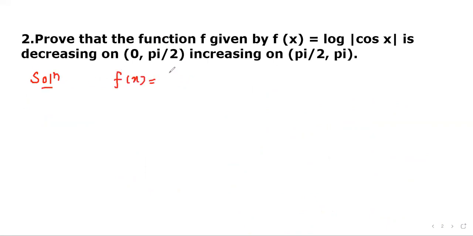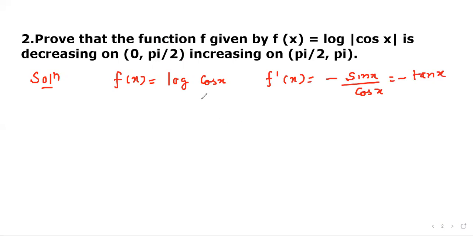f(x) equal to log cos x. f dash x will be equal to minus sin x divided by cos x, that is minus tan x. The reason is d upon dx of log of function will become 1 upon function times d upon dx of function.